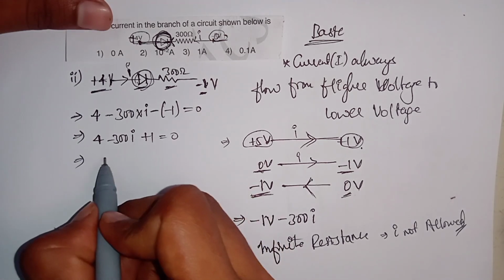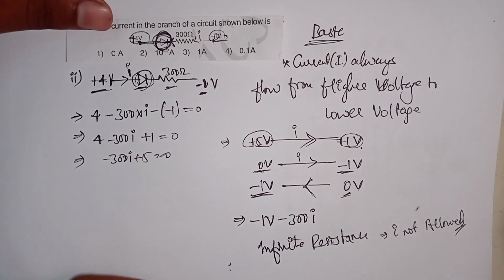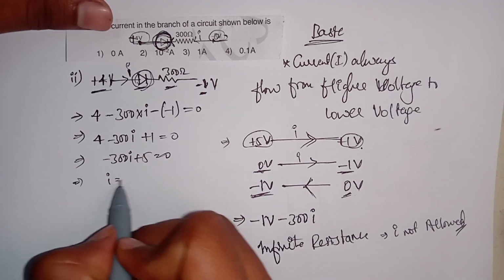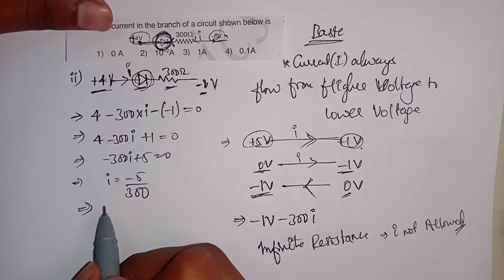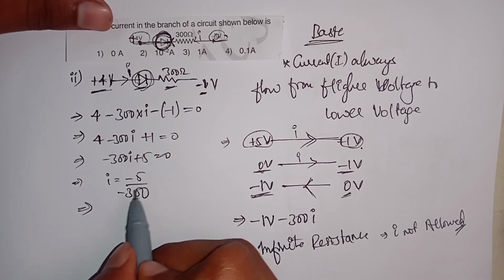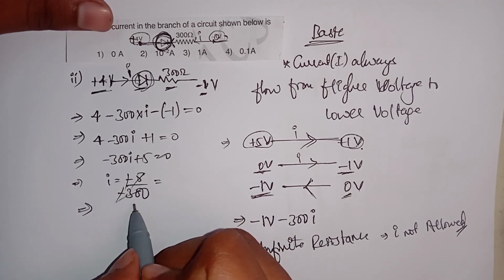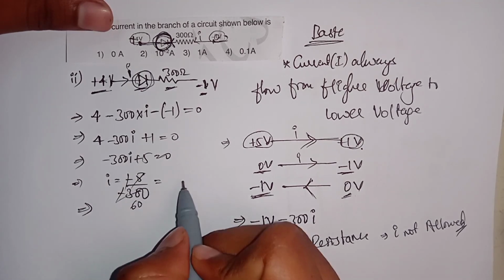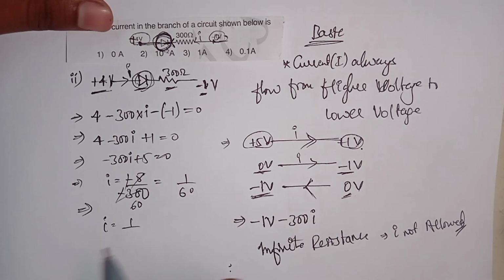So 4 plus 1 is 5, 5 minus 300I is equal to 0. I is equal to minus 5 by minus 300. Minus minus cancels. 5 by 300 means 5 sixes are 30, that is 1 by 60. I is equal to 1 by 60 ampere.